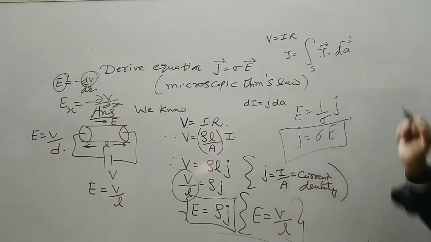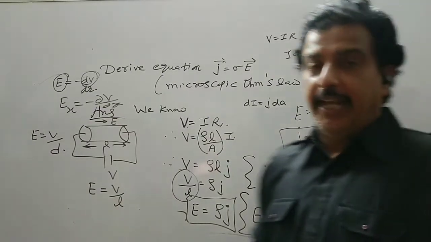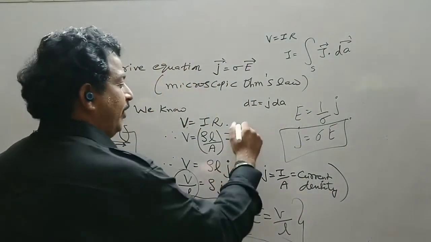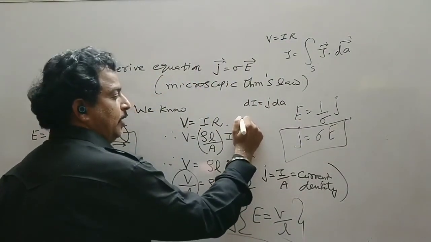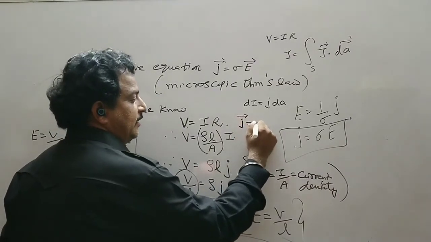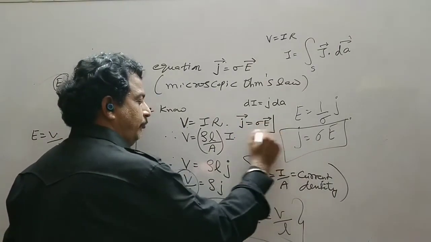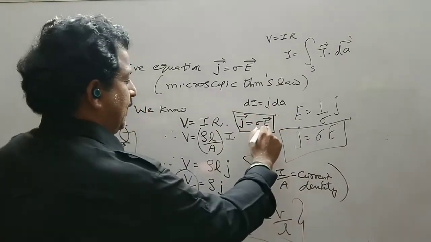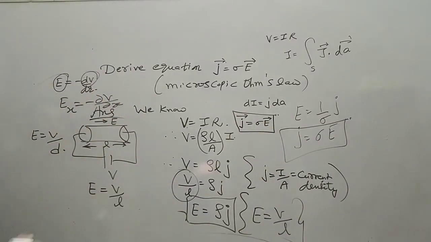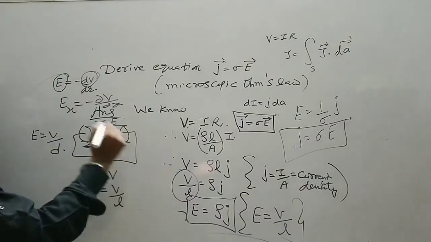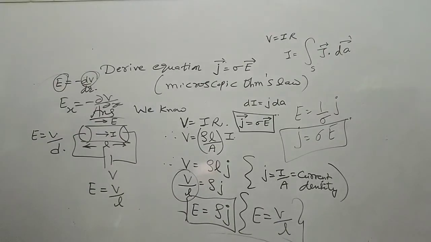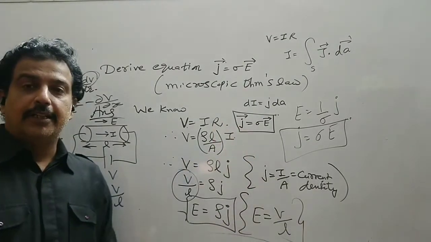So this is without considering any direction. If we have to consider direction, then J vector is equal to sigma into E vector, which means whatever is the direction of the electric field intensity, that will be the direction of the conventional current, and that will be the direction of the current density.